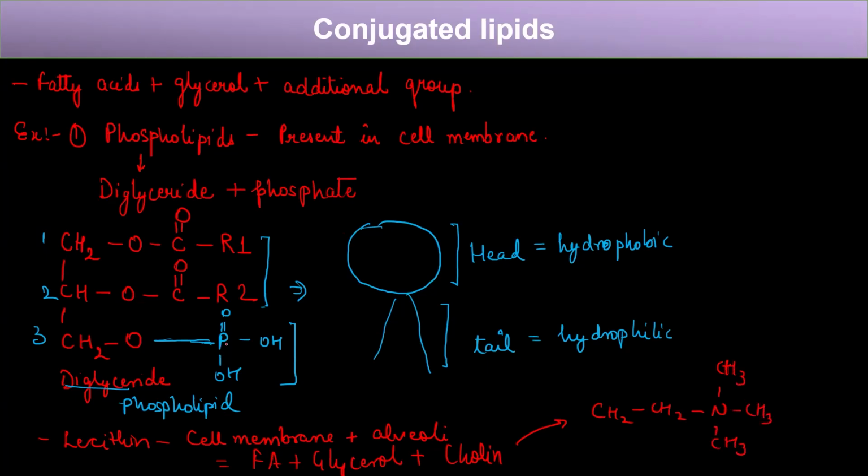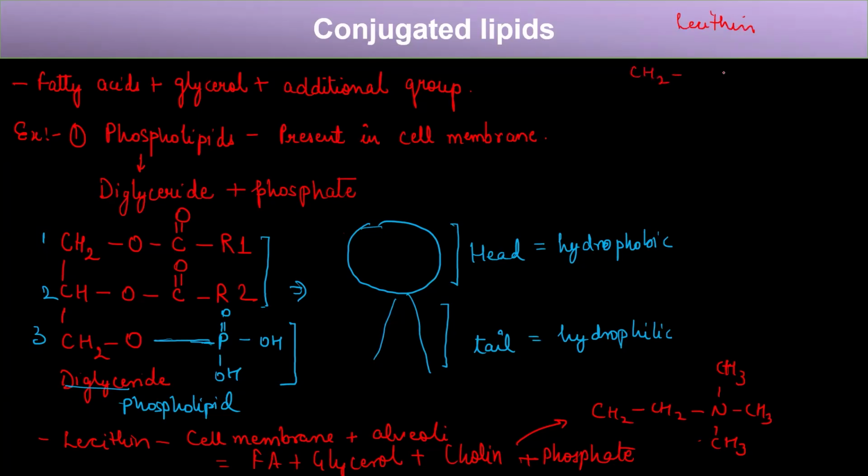The rest of the structure will be the same: fatty acid, glycerol, and phosphate. To draw the structure of lecithin, you draw the structure of phospholipid, and with this phosphate group you also add this choline. So I can quickly draw the structure of lecithin.